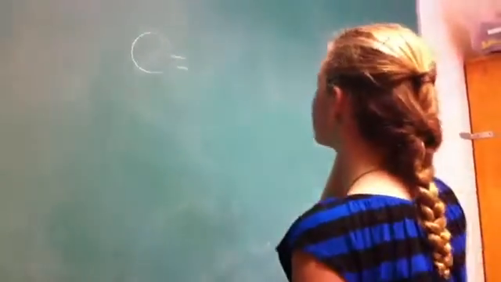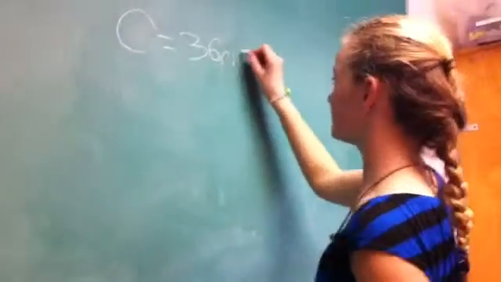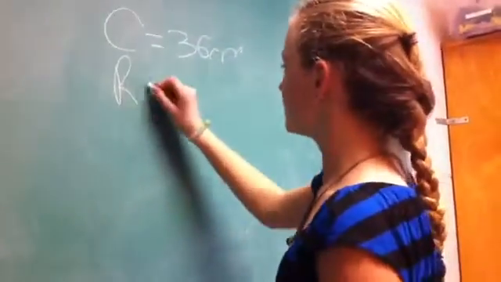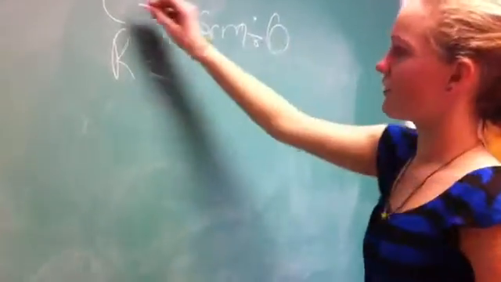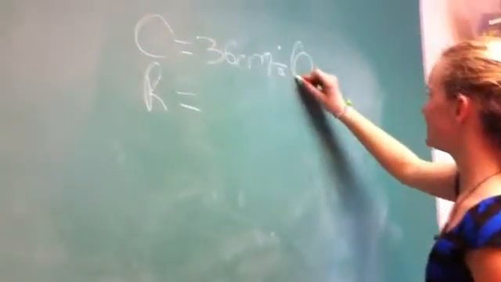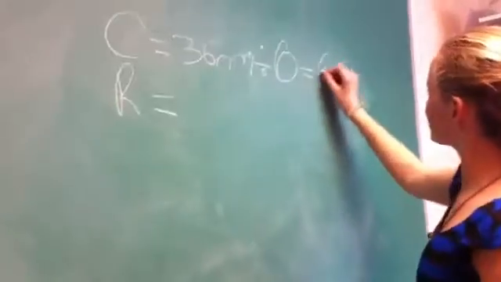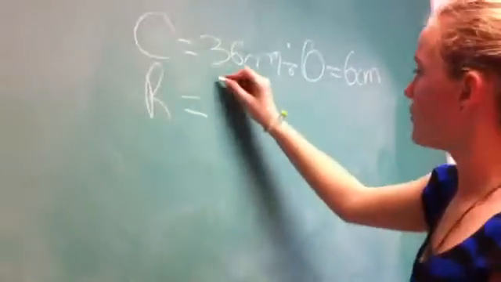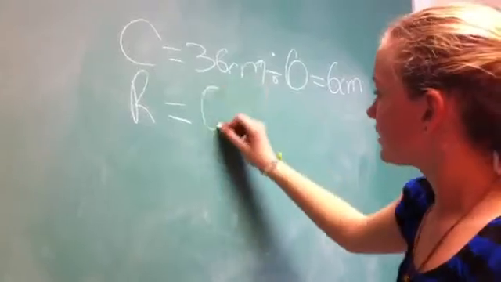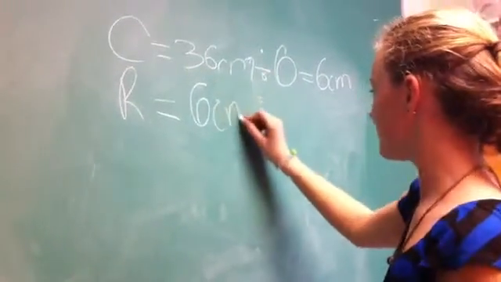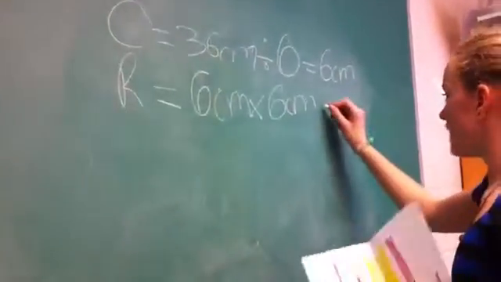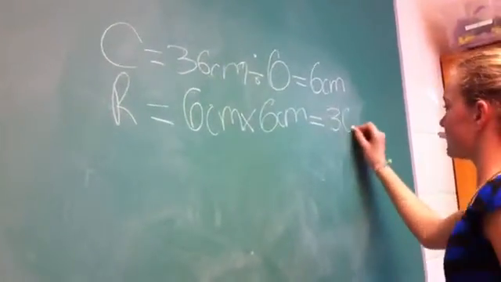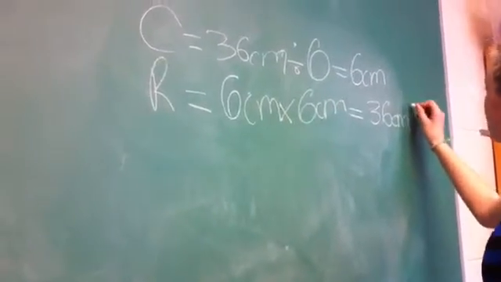So, for example, let's say our circumference is 36 centimeters, and we're trying to find the radius. So we would divide it by 6, because the circumference is 6 times the size of the radius, and that would equal 6. So the radius, we would take our 6 centimeters and multiply it by 6 because you multiply it by itself, and that would equal 36, in this case our circumference, but that's not what we're looking for.